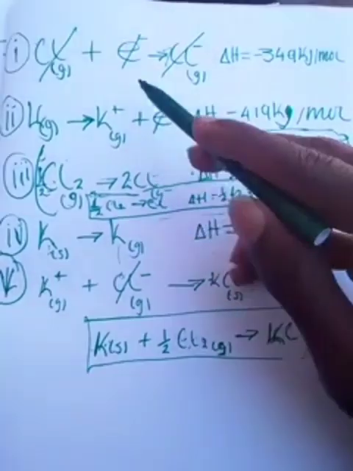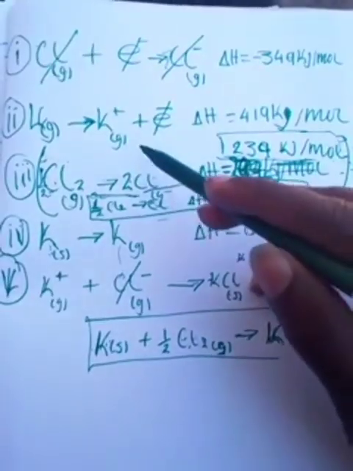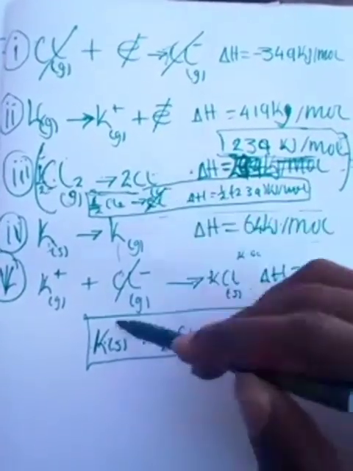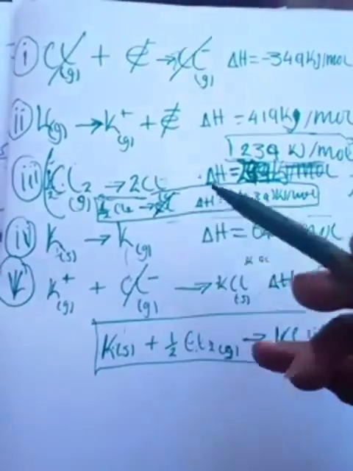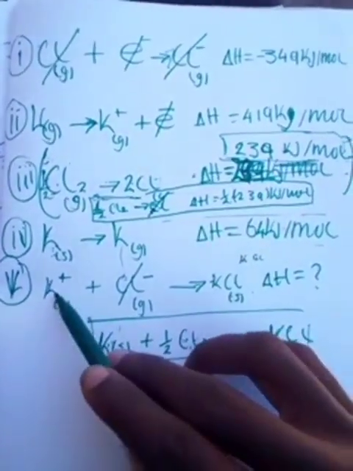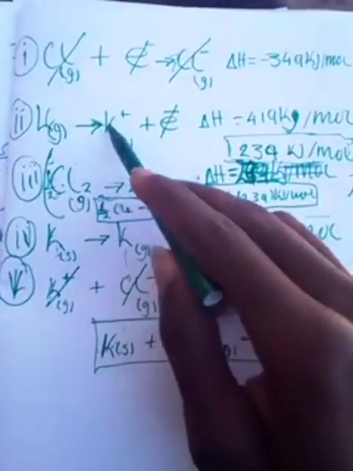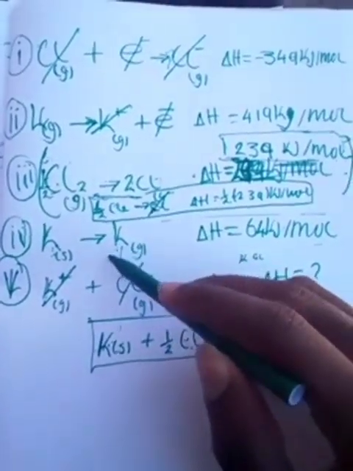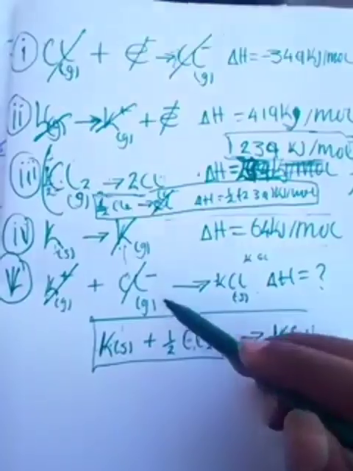Wait, which one have I cancelled out here? This is a gas, yeah, with the new one. The new equation, this one here, is also a gas. And this will cancel out with this. This one will cancel out with this one.